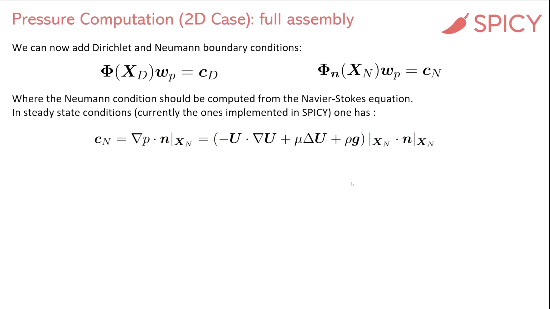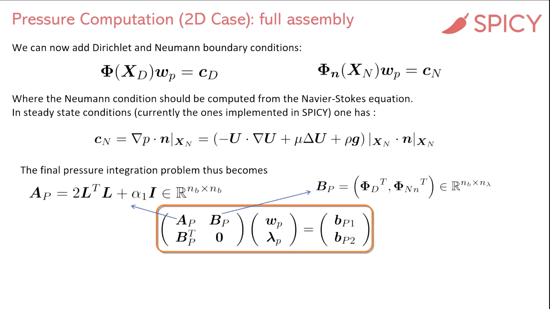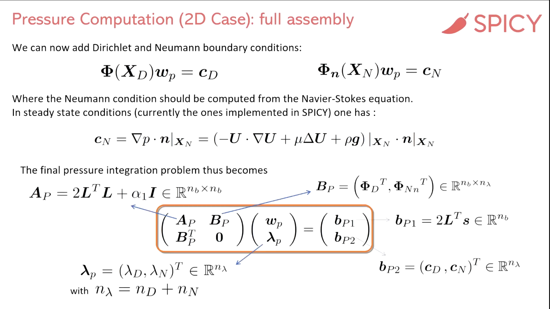Once you have introduced these conditions, you arrive at the canonical system, which we have seen already several times in this course. We will have a block-like linear system where we have a block that contains all the terms that were linked to the weights in the cost function plus our usual Tikhonov regularization. We will have a block term that contains the matrices for the constraints.